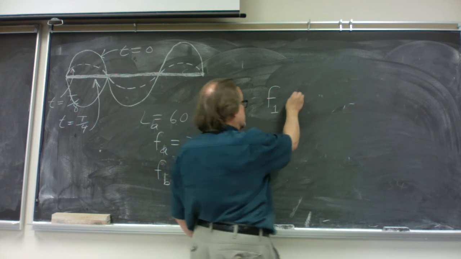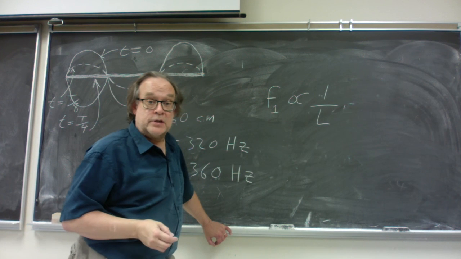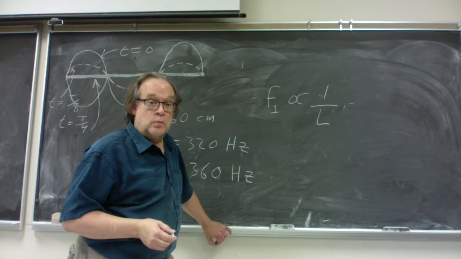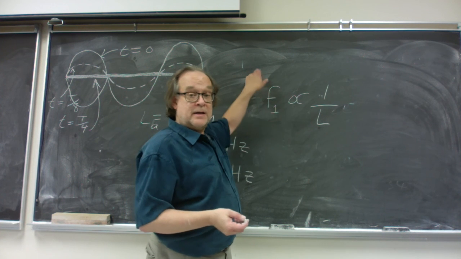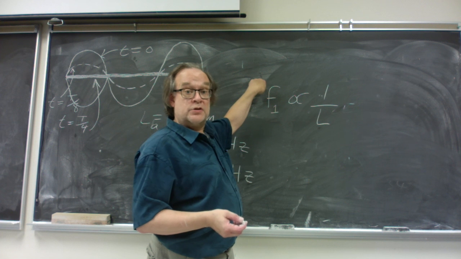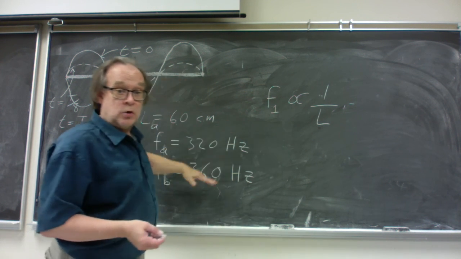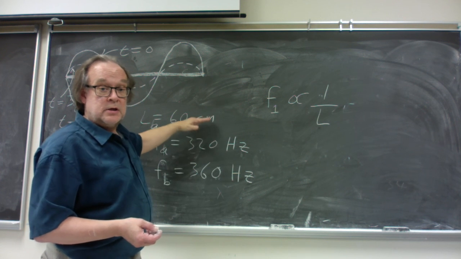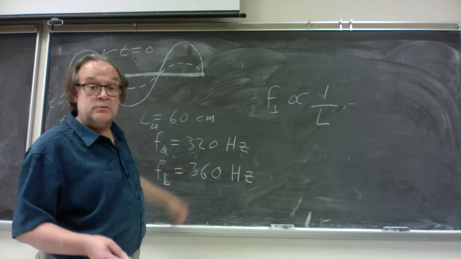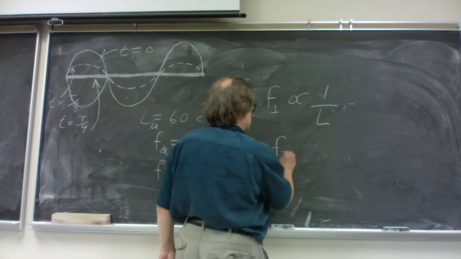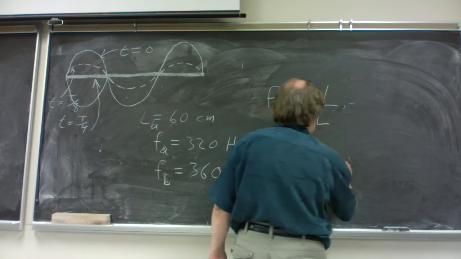The fundamental frequency we know is inversely proportional to the length that's actually vibrating. So in inverse proportionality, when one changes by some factor, the other changes by the inverse factor. In this case, we know the two different frequencies, so we know by what factor the frequency changes. Frequency 2 is just some factor times frequency 1.